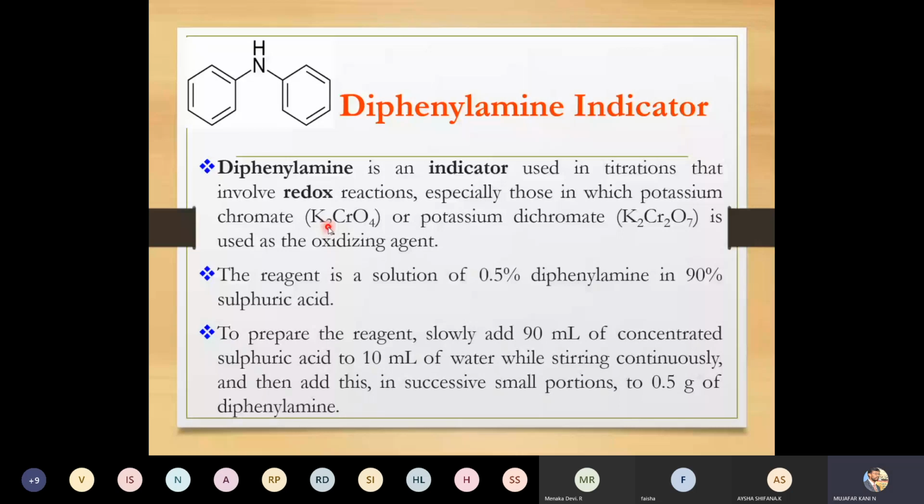To prepare the reagent, slowly add 90 ml of concentrated sulfuric acid to 10 ml of water while stirring continuously, and then add this reagent in successive small portions to 0.5 gram of diphenylamine. By this way, we may prepare the diphenylamine indicator. So it is another simple way to prepare the diphenylamine indicator.